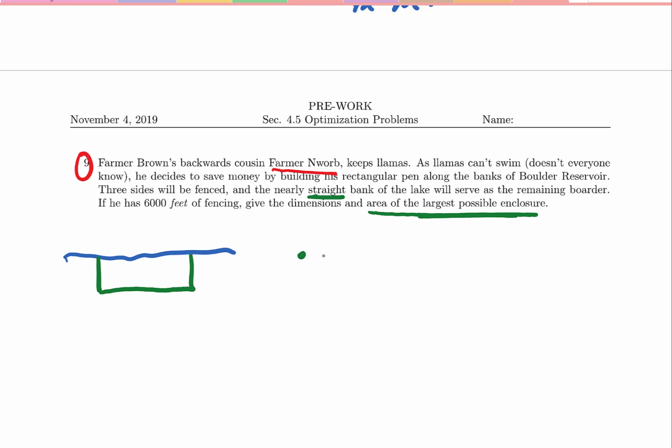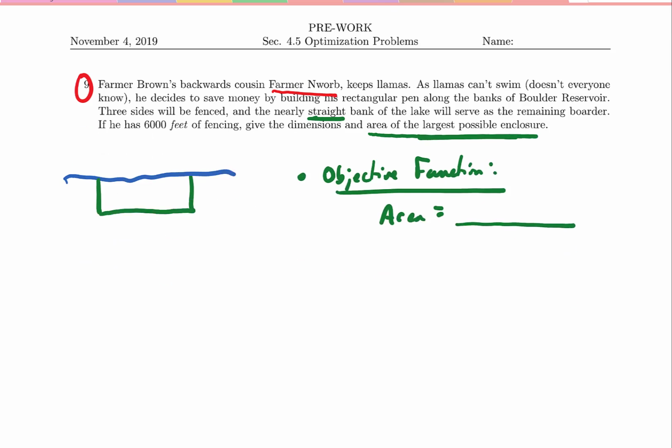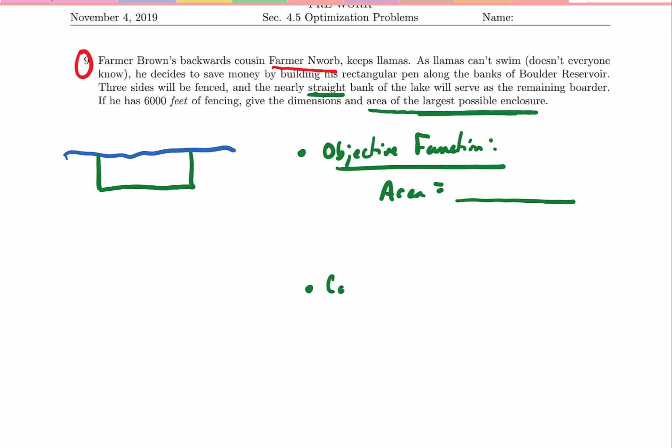So in this problem here, your objective function will be an area function. And I'll let you fill in the details there. And your constraint equation will be the material used.